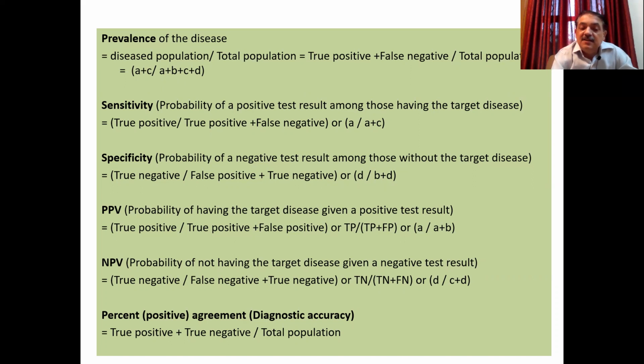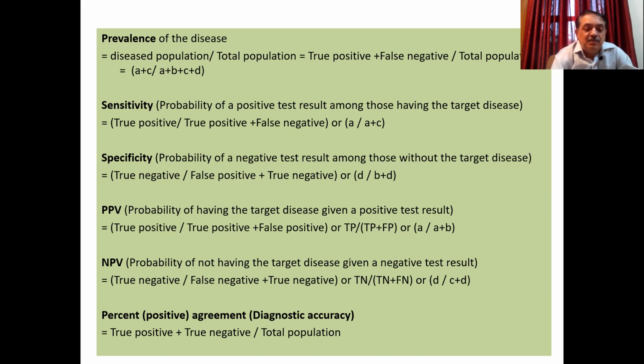You can check this, that the true negative out of true negative as well as false positive, because false positive is also non-disease. When we talk about predictive value, positive predictive value is true positive out of all the positives, true plus false positive. And same way, negative predictive value is true negative out of all negatives, that means false negative as well as true negative.